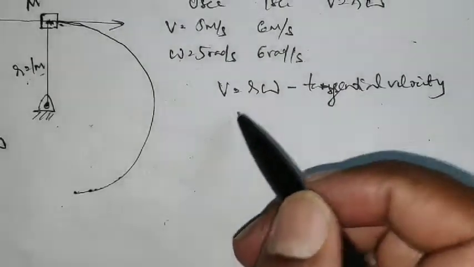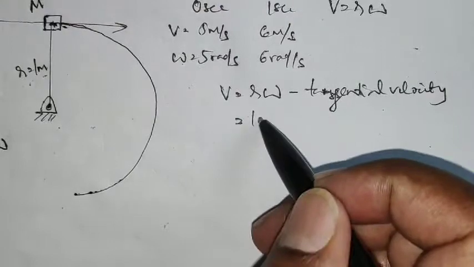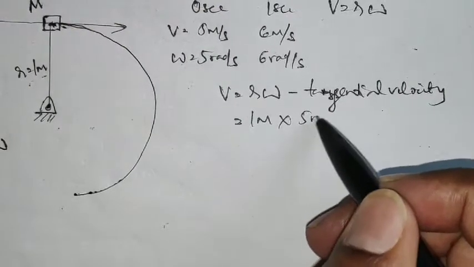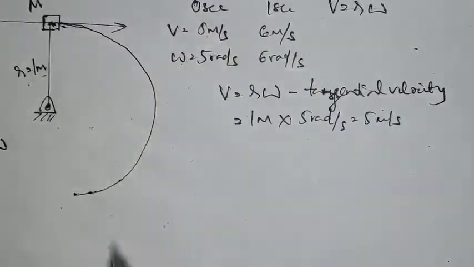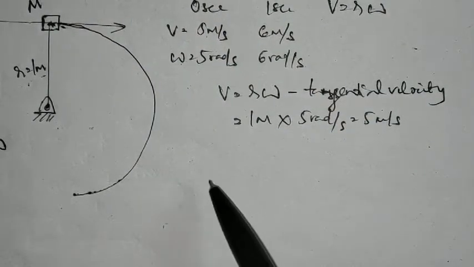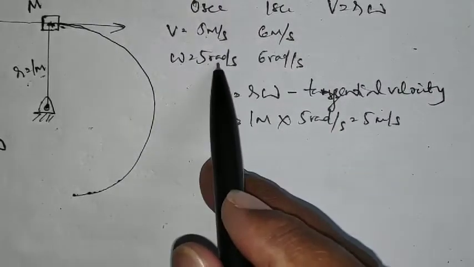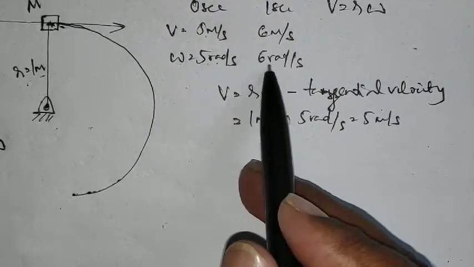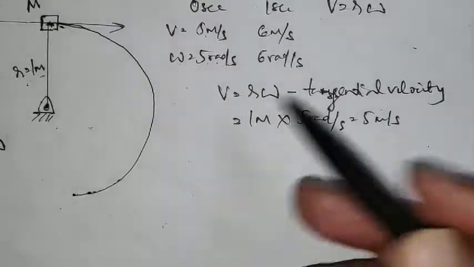Now we can call it tangential velocity. So tangential velocity is nothing but 1 meter into 5 radian per second, which is actually 5 meter per second, which we had earlier. And similarly, within 1 second, it is now increasing its angular velocity from 5 radian per second to 6 radian per second. So there is what is called acceleration.